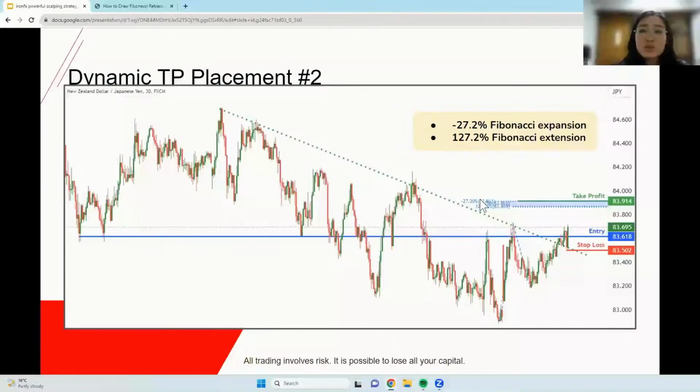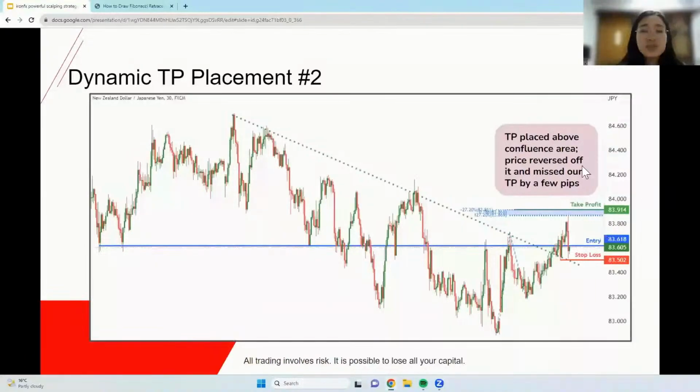And then you can see that we have a lot of Fibonacci levels that line up nicely. Okay, we have the minus 27.2 Fibonacci expansion, 127.2 Fibonacci extension as well. Okay, and these all line up with this level here, which we then make our take profit.